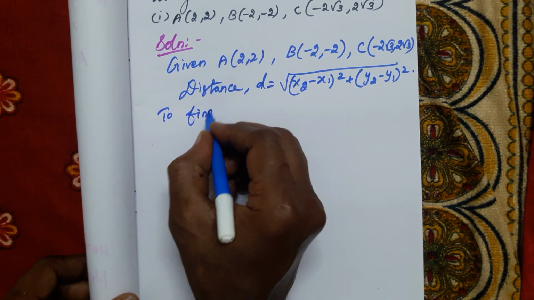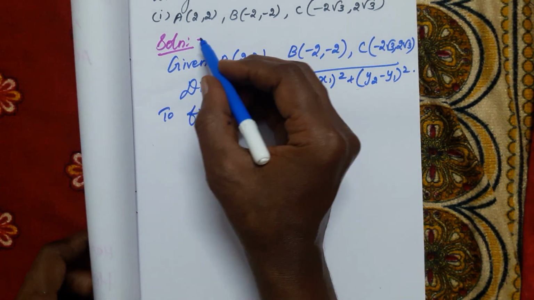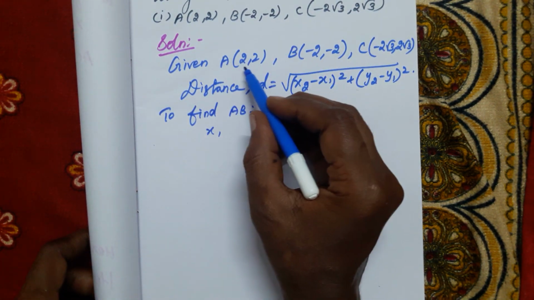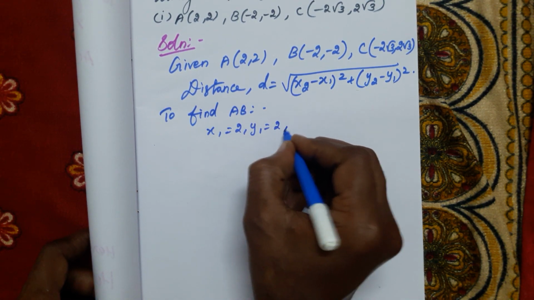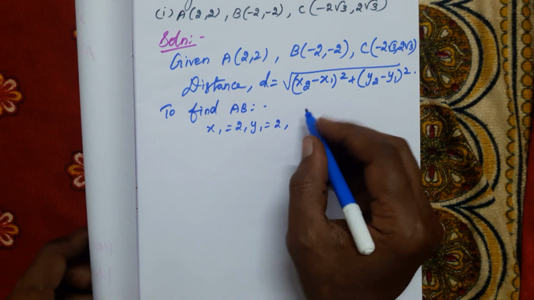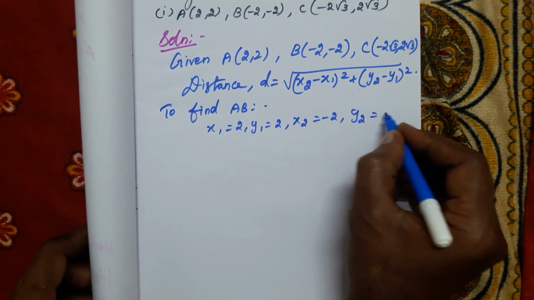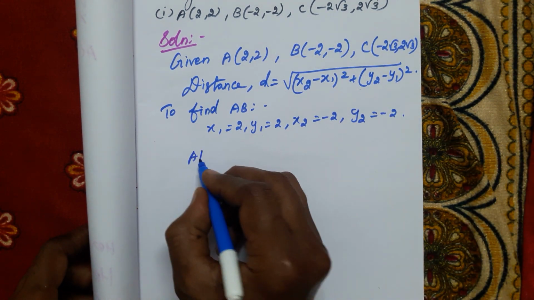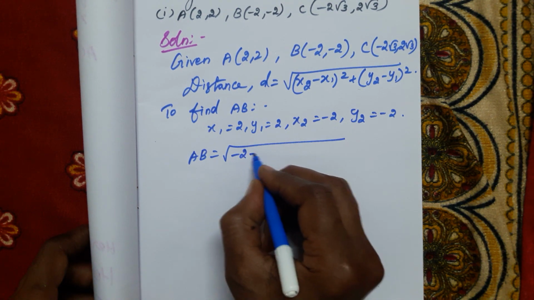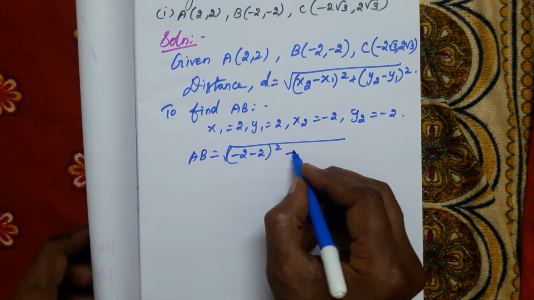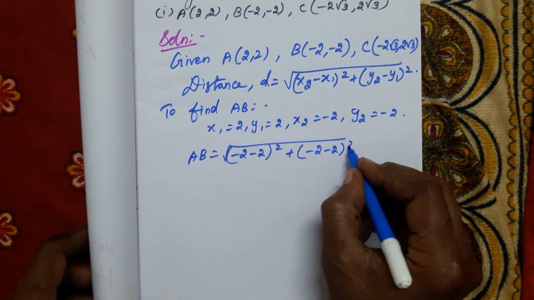To find AB, A point is x1, y1. So x1 is equal to 2, y1 also 2. B point is x2, y2. So x2 is equal to minus 2, y2 is equal to minus 2. So AB is equal to root of x2 minus x1 the whole square, minus 2 minus 2 the whole square, plus y2 minus y1 the whole square, minus 2 minus 2 the whole square.